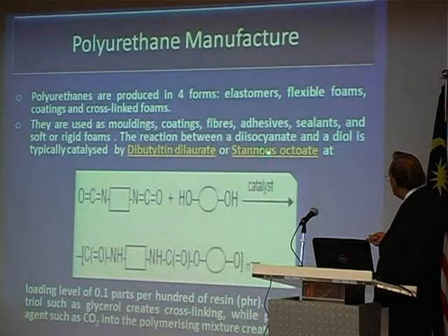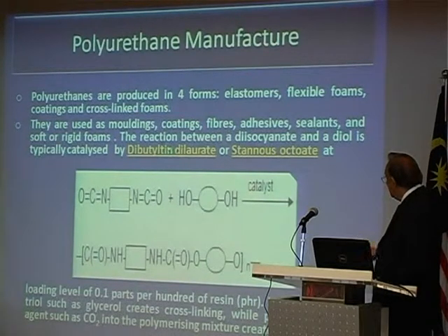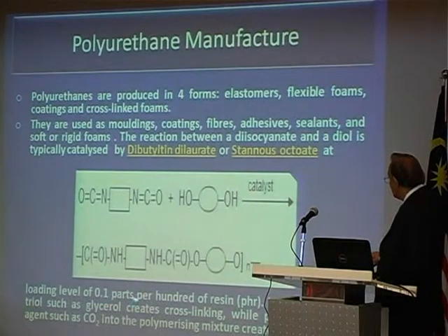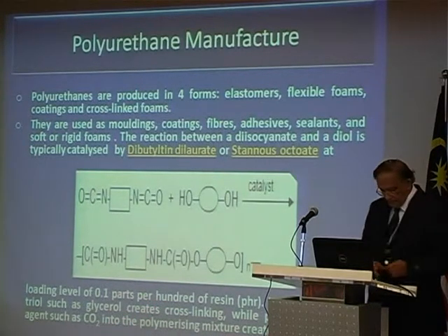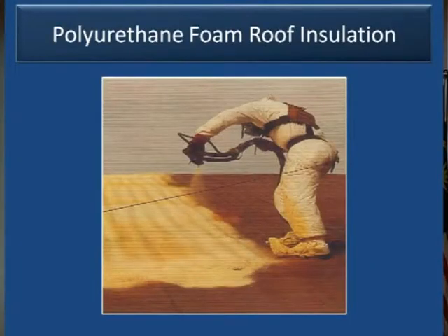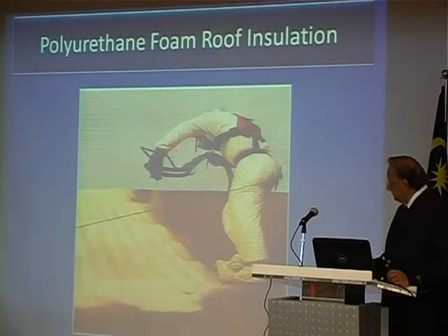It can be inorganic tin or an organotin. The loading levels are quite low, 0.1 parts, very, very effective. And if you incorporate glycerol, you get cross-linking. If you pass carbon dioxide, you get a foam. As you see in the next slide, you get a rigid foam. This is for roof insulation, polyurethane foam. It contains tin. You may not believe it, but it does.